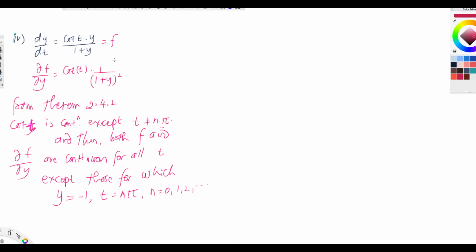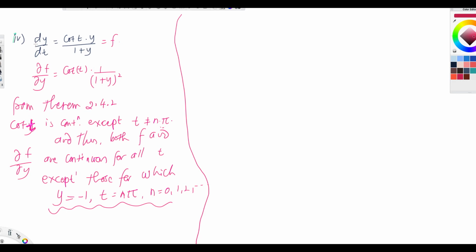The question says that in each problem between 7 and 12, state where in the ty plane the hypotheses of 2.4.2 are satisfied. So except these points, everywhere the hypotheses of 2.4.2 are satisfied, meaning that at all other points on that plane there exists a unique solution of the differential equation. So that's question number 12 from the book.